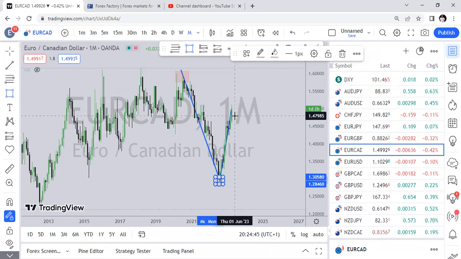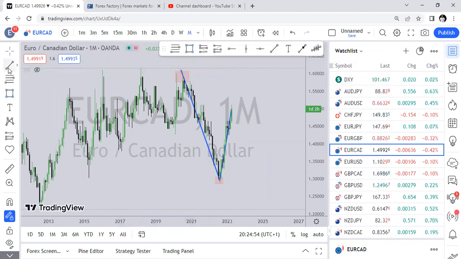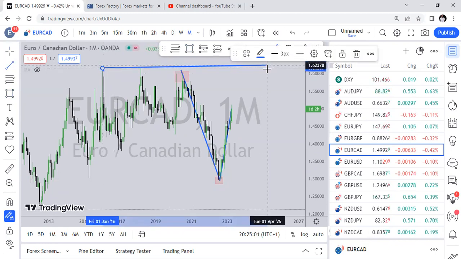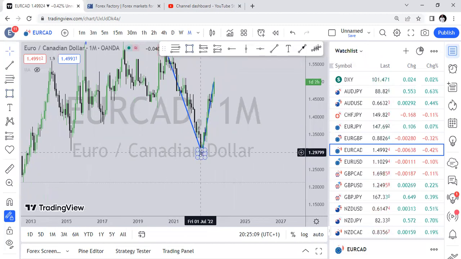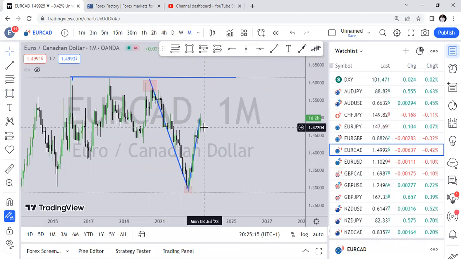Not until maybe the market continues buying, and eventually maybe takes out the highs here. But for now, as long as we are still within the range formed by this low and this high, we are regarding this as a retracement.